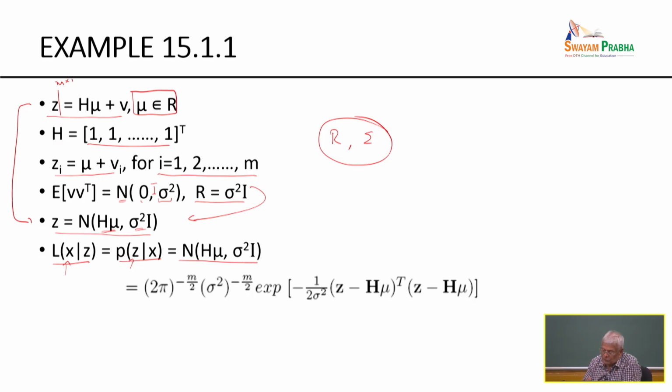I hope all of you have a good understanding of the multivariate normal distribution. The multivariate normal distribution in n dimensions is given as follows.